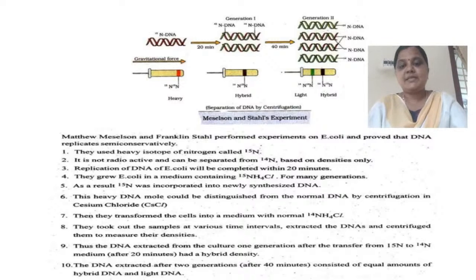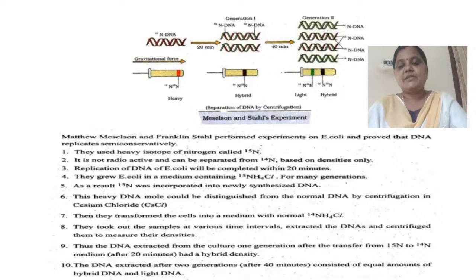As a result, this 15N was incorporated into newly synthesized DNA. This heavy DNA molecule can be distinguished from the normal DNA by centrifugation in cesium chloride, that is CsCl.